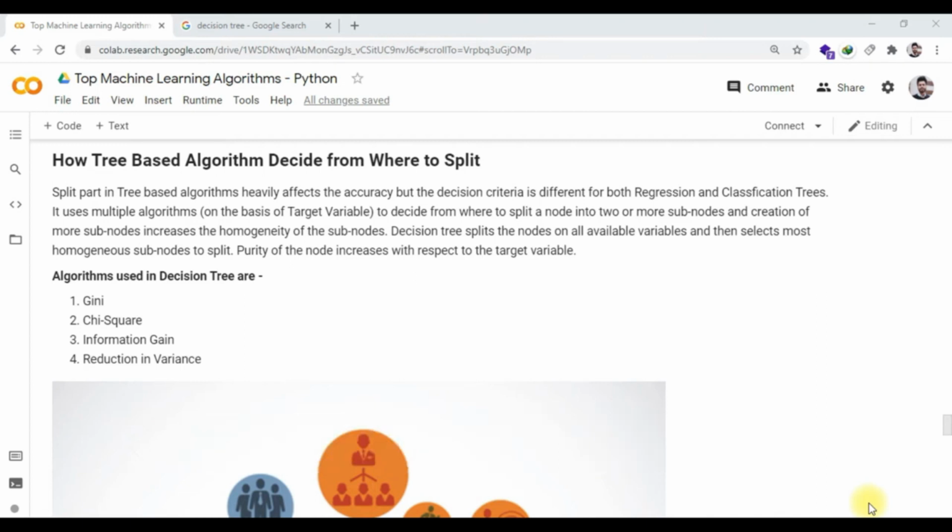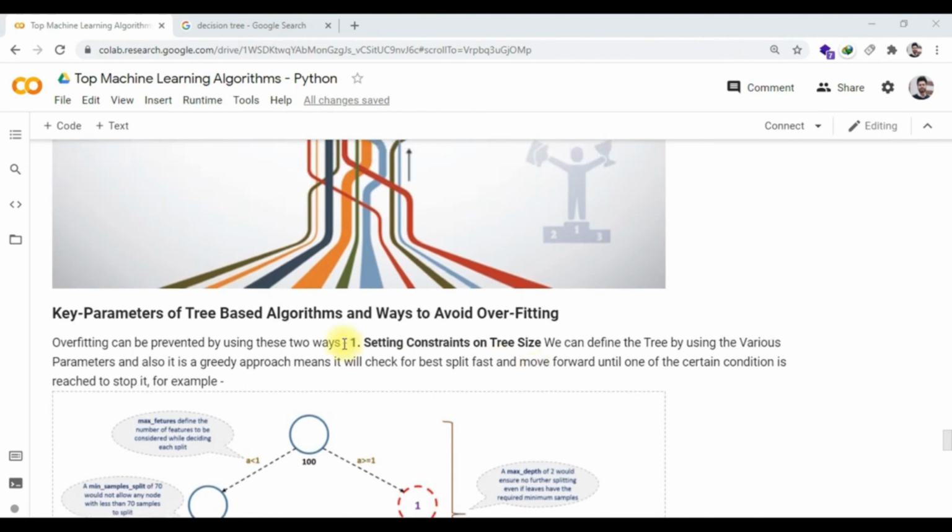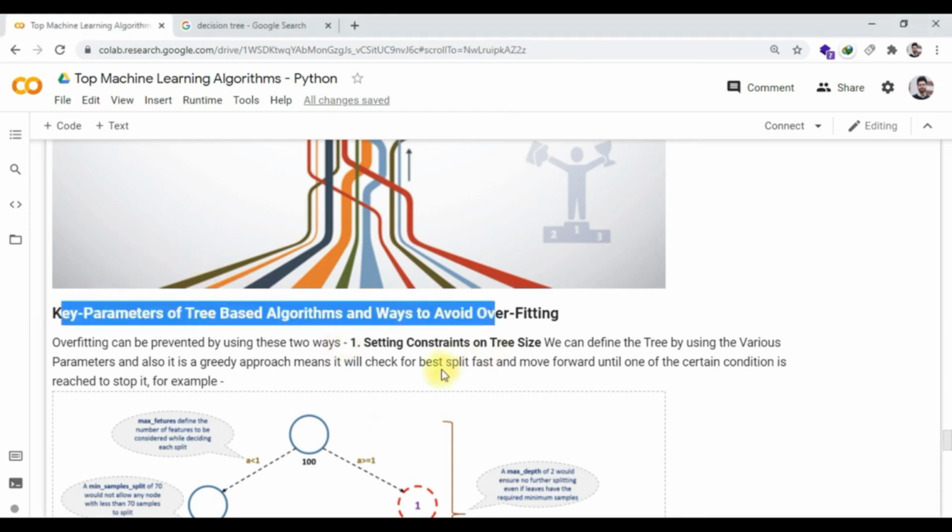I will explain each algorithm in separate videos. In our next video I will tell you about the key parameters used in tree-based algorithms that decide your model's accuracy. These key parameters are very much used to avoid overfitting.